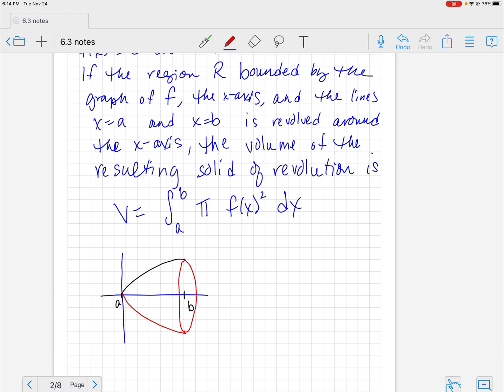Do you see what's happening here? I know I'm not very good at drawing. So here this is revolving around this axis. Do you see that? Coming around this axis is what's making that solid.